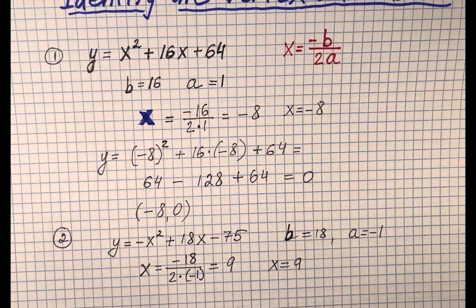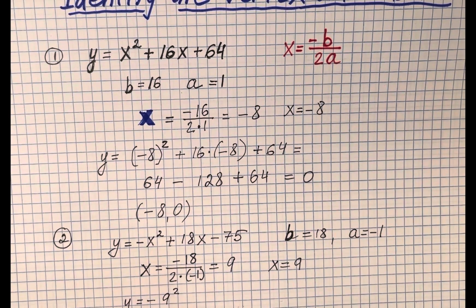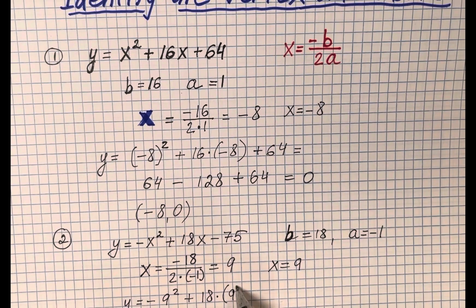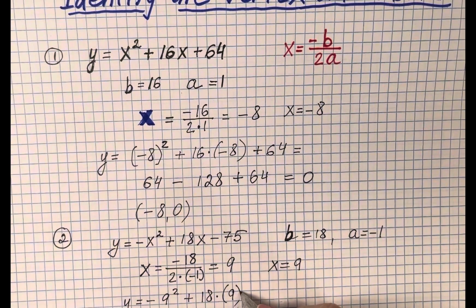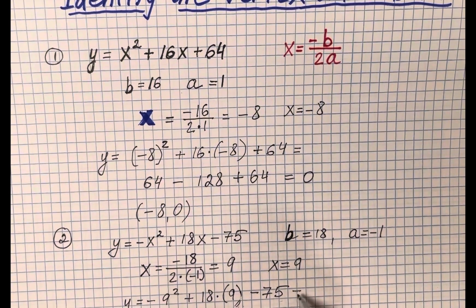To find y, we're going to plug into the original equation. For x equals 9, we will have y equals negative 9 squared plus 18 times 9 minus 75. Let me see if I have the room here. I can continue here.